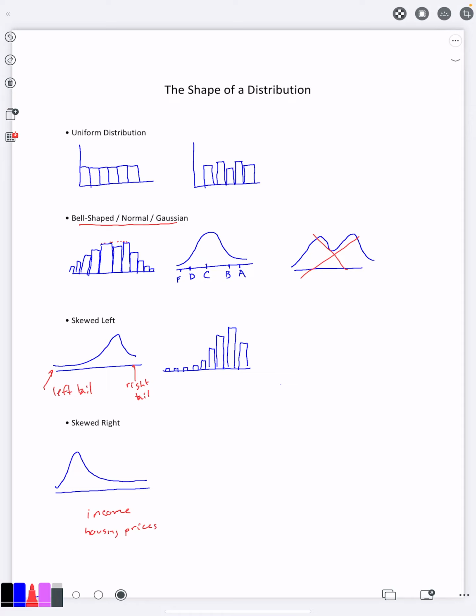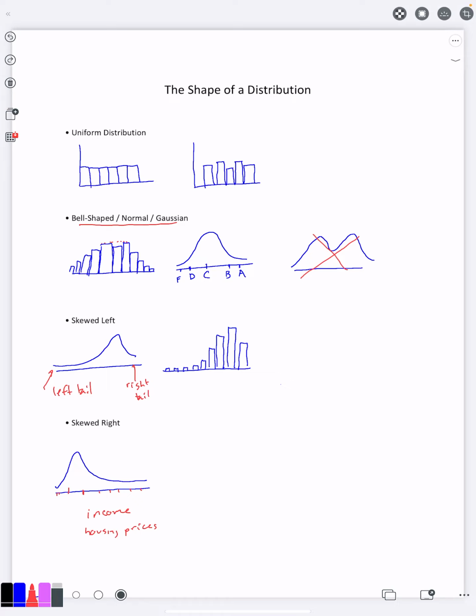Most people are going to have an income in a certain region here, and there are some people earning less than them, but there isn't that much less you could possibly earn. It's not like that common salary is super high. On the other hand, there are going to be people making 2, 3, 10, 20 times what that average salary is. Throw in the CEOs, and they're going to be data points really far on the right here. So that would be a skewed right graph.